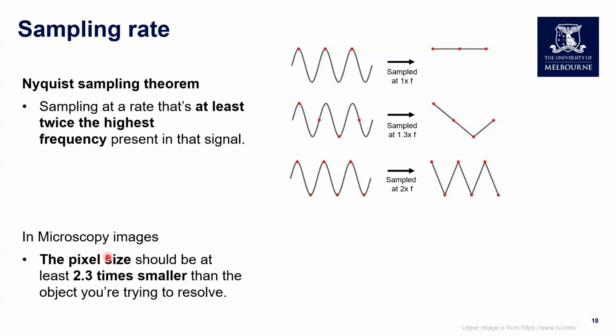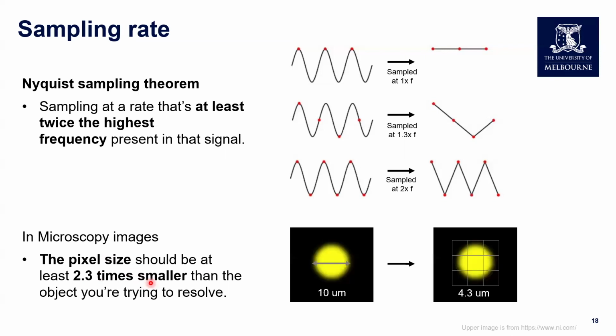This factor of 2.3 accounts for various factors such as optical diffraction and the pixel shape also being square. In other words, if you want to see fine details, make sure your pixels are small enough to capture them. For example, let's say we want to resolve a cell with a diameter of 10 microns, then your pixel size should be at least 2.3 times smaller than this cell, which means around 4.3 microns or less.